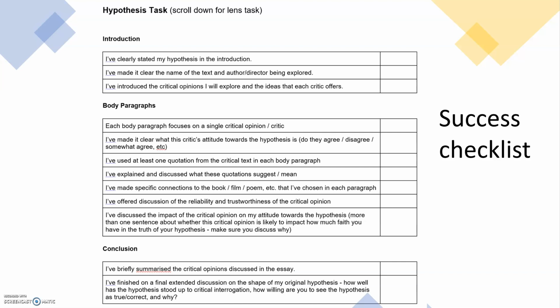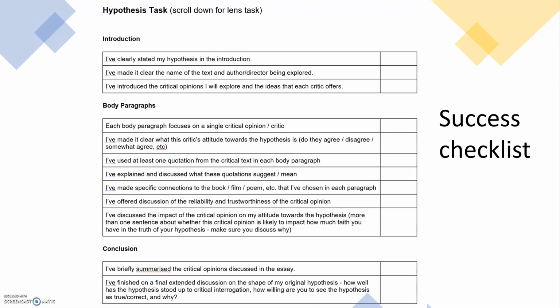And so you are making clear in your introduction what your hypothesis is, who the author is of the text, like the author or director, and also obviously the title of the text. You might also already want to introduce the critical opinions that you will explore and the ideas that those critics offer. They do not have to have the same opinion. They can, but they don't have to. And it might offer a great opportunity for you if they are not exactly the same.